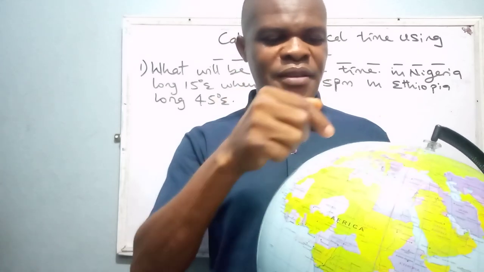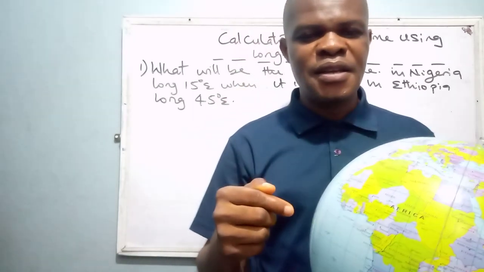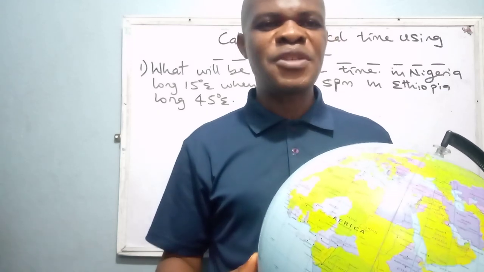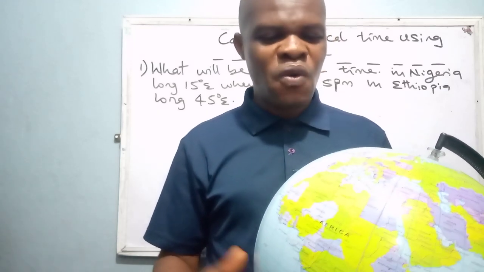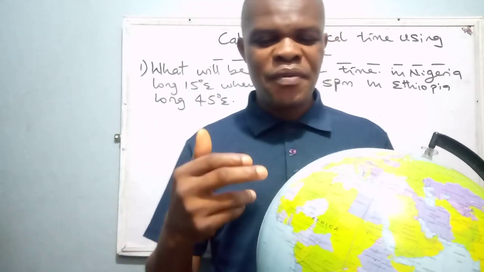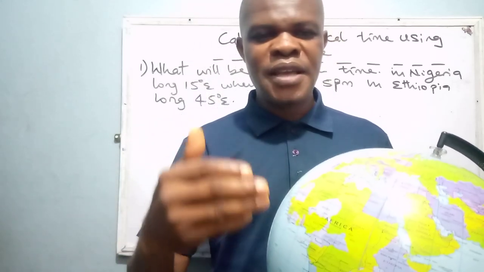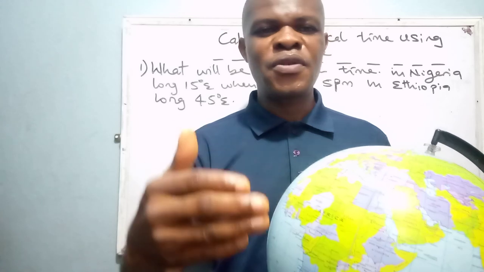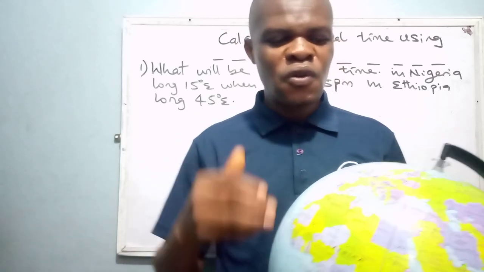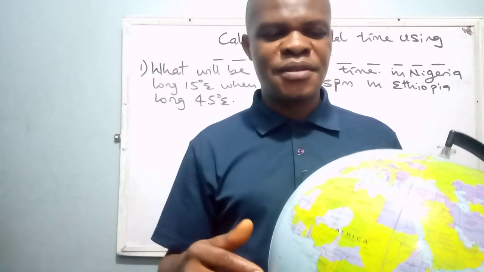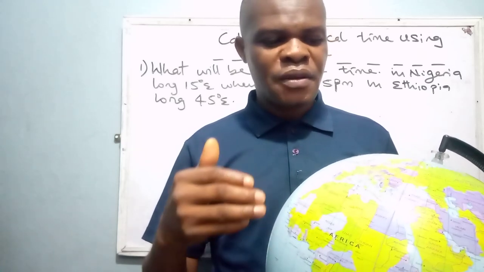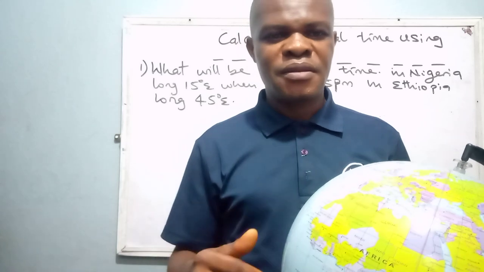The first line that we have here is the 0-degree longitude, which we refer to as the Greenwich meridian. So all other longitudes are measured from the Greenwich meridian: 0, 10, 20, 30, 40, east and west. So longitudes are angular distances measured from the Greenwich meridian, east and west.